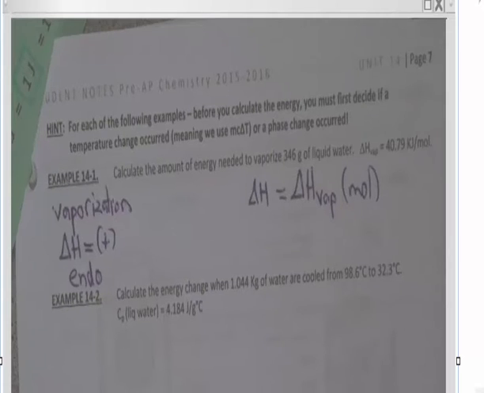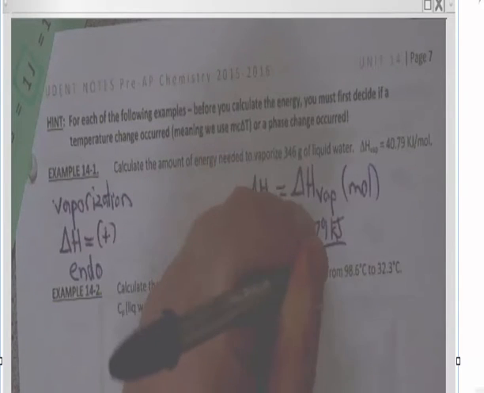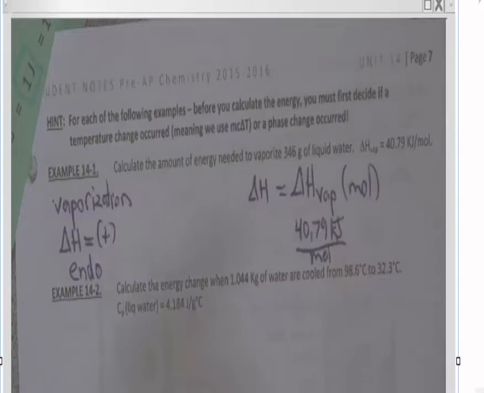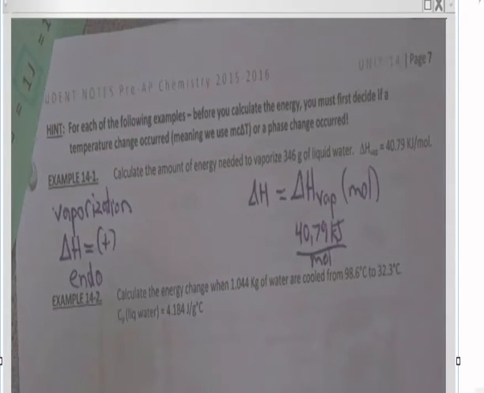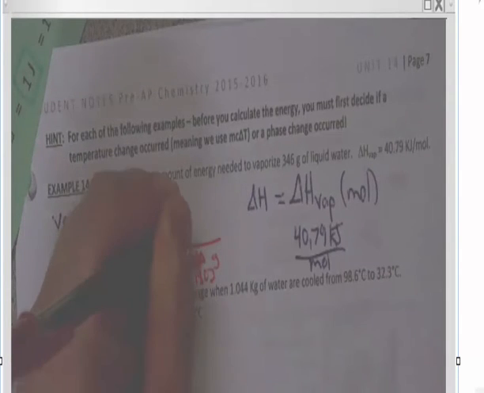I know the heat of vaporization is 40.79 kJ per mole. I don't have the moles here, so I have to do a conversion. Remember, you go back to your classic T chart: 346 grams of water, and the molar mass of water, which is 18.02 grams per 1 mole.